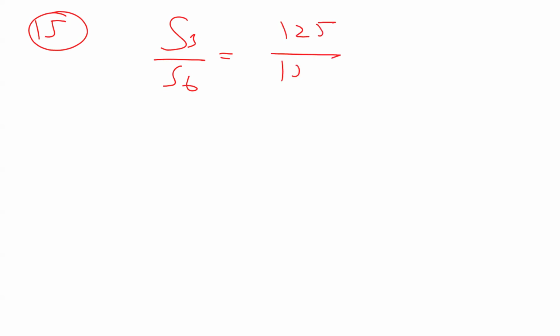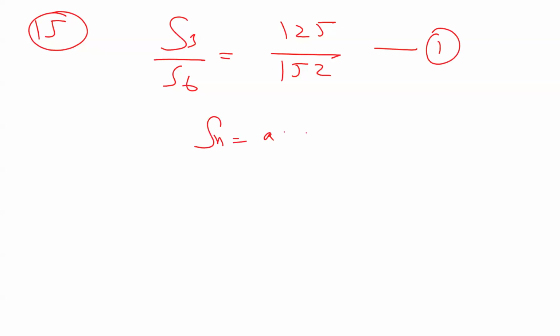Question number 15. The sum of first three terms of a GP to the first six terms is 125 by 152. So S3 upon S6 is 125 upon 152, given as equation number 1.